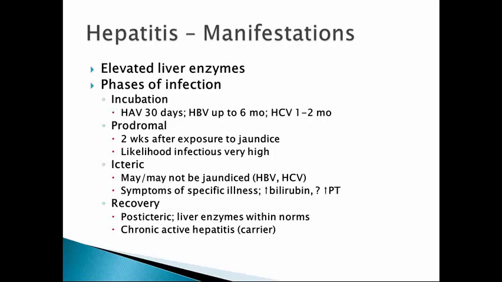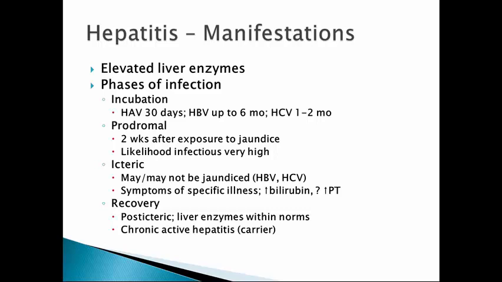In the icteric phase, even though we call this icteric, they may or may not be jaundiced. Now, you're generally going to see icterus or the jaundice in hepatitis B and hepatitis C. The variability on the jaundice is highest in B and C. They may have symptoms of specific illness, so they may have elevated temperatures, lethargy, all of those pieces.